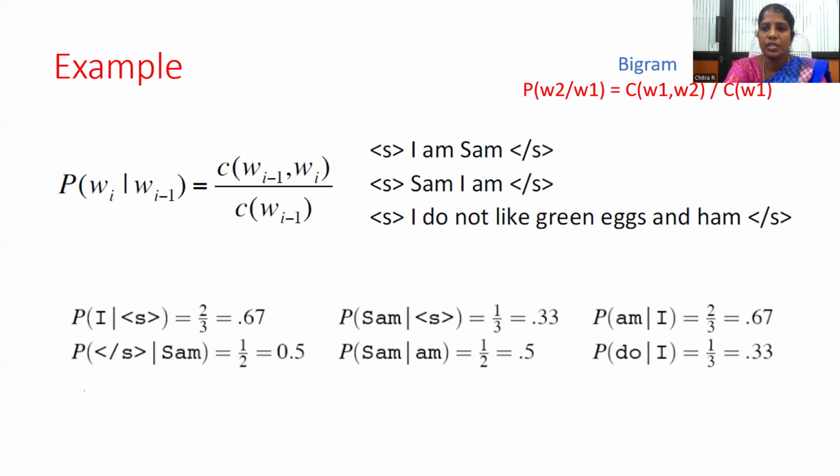I'll discuss some examples. Consider the bigram method. In the bigram method, at a time we are taking two words. So the probability of the second word given the first word equals the count of the combination of first and second word, divided by the count of the first word.